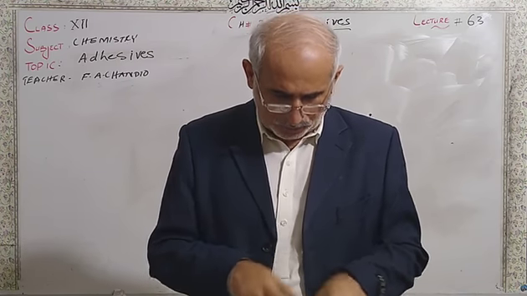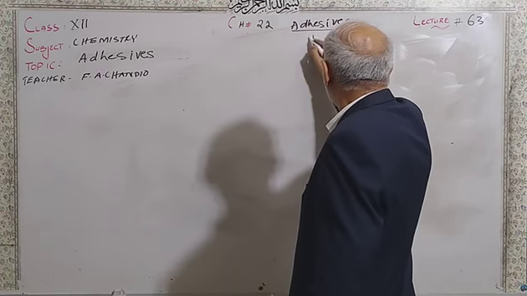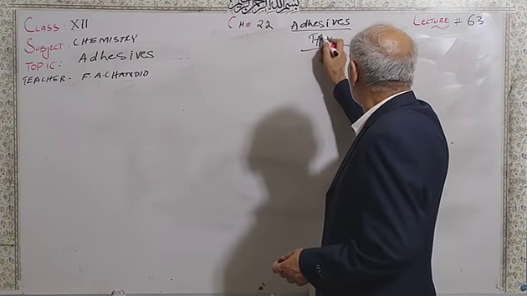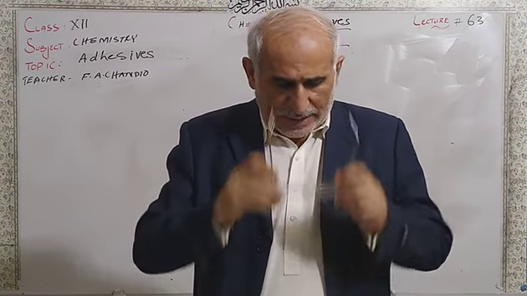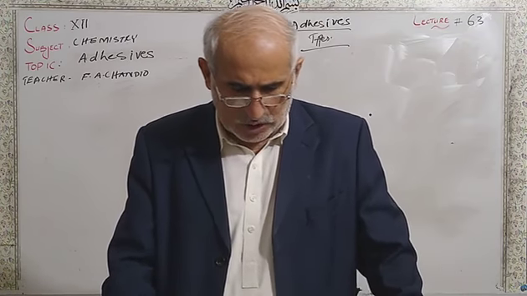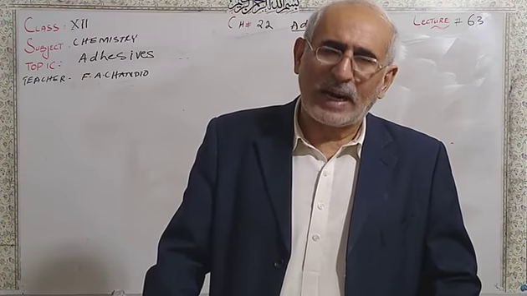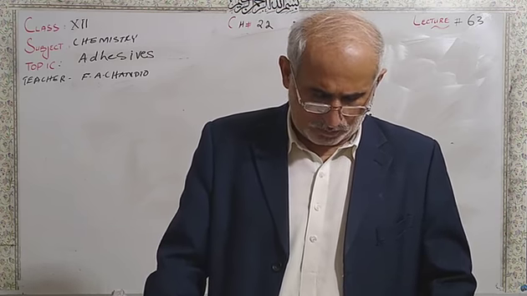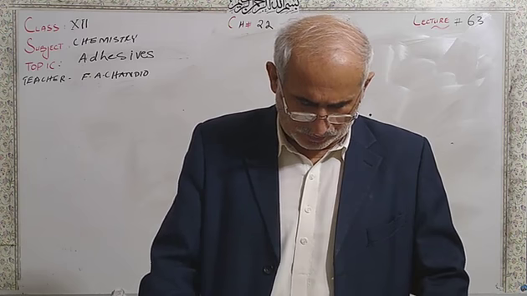Number one, types of adhesives. Natural adhesives are made from inorganic mineral sources or biological sources such as vegetable matter, starch, dextrin, natural resins, and animal skin.